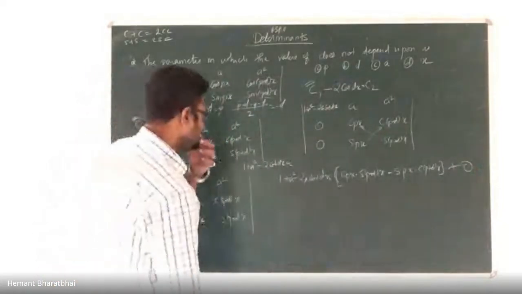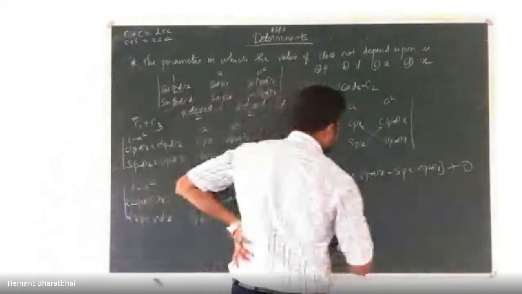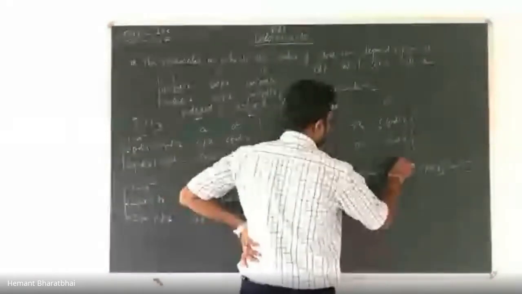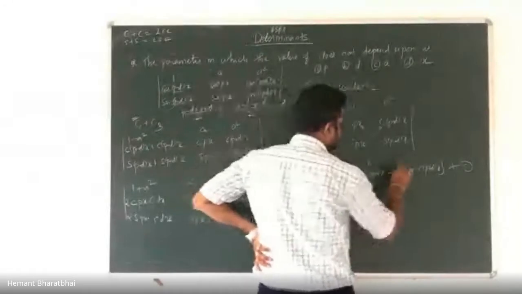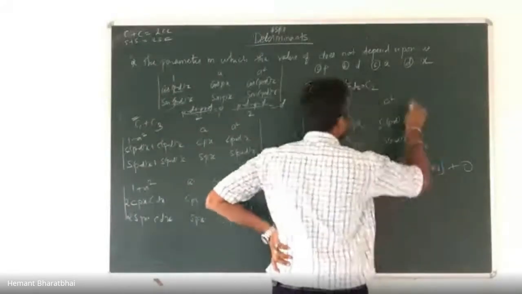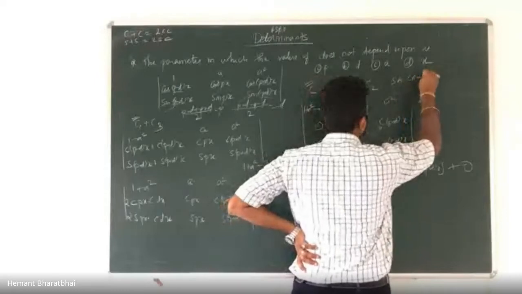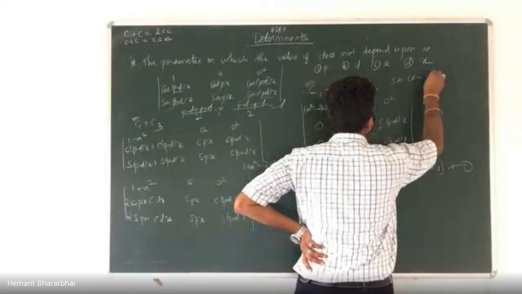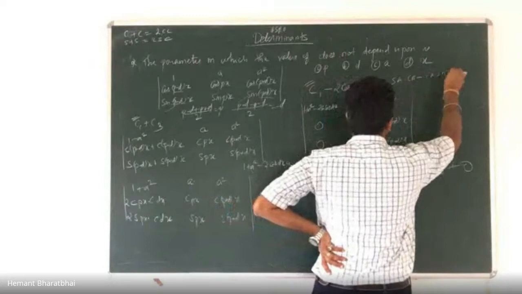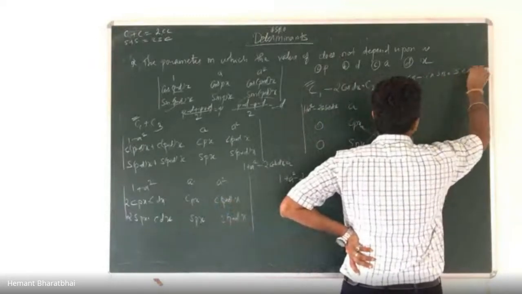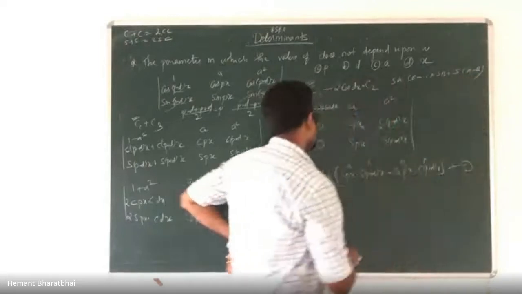Okay. If I name it as A and B, so this will be my B and A. So we have this formula, sin A cos B minus cos A sin B, which is nothing but the expansion of sin of A minus B. Right?